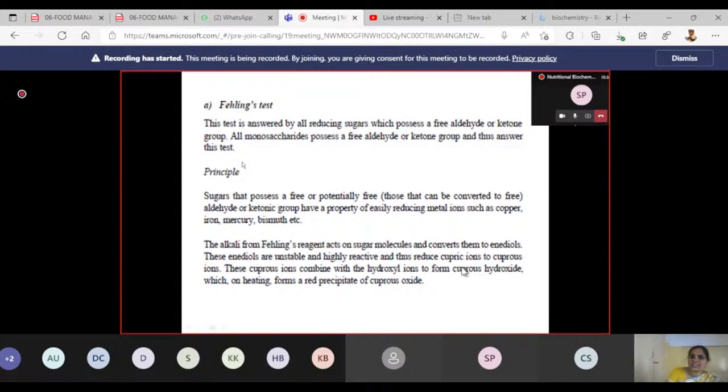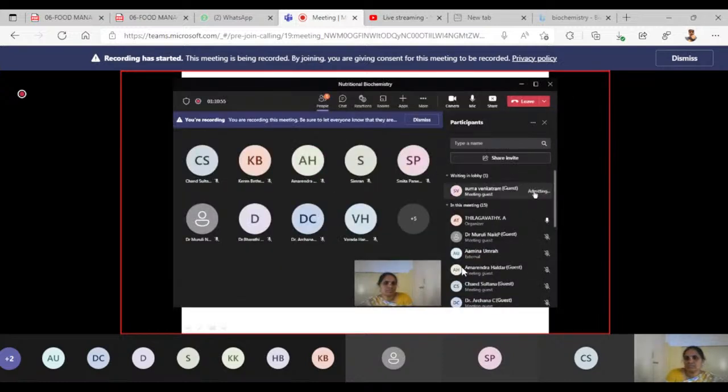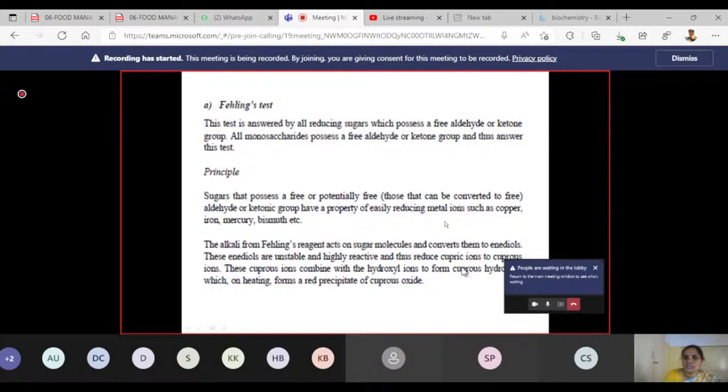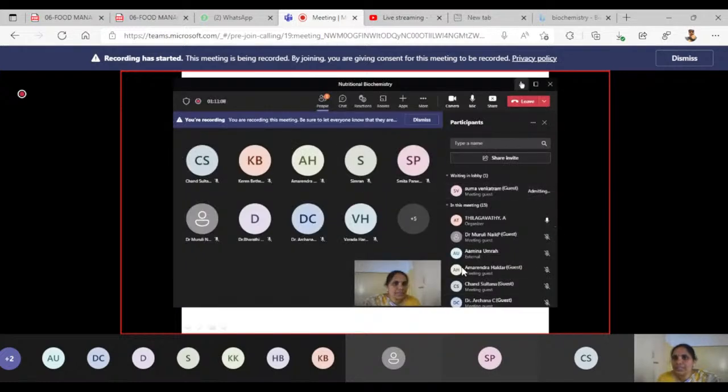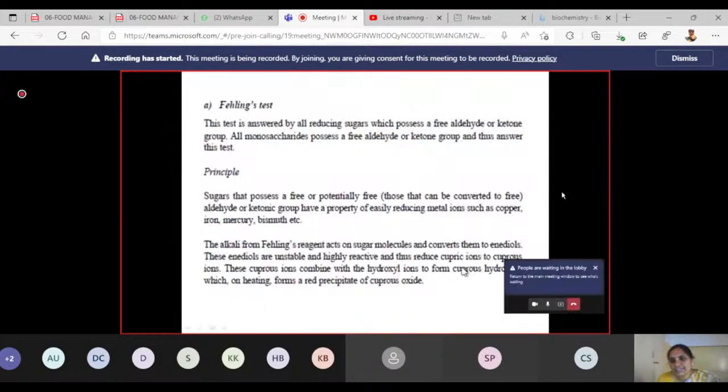So this Fehling's reagent will have a strong alkaline activity where your carbohydrates will form enediols. Okay, so understood? So when the carbohydrates are reducing, they can have the reducing activity in alkaline medium.